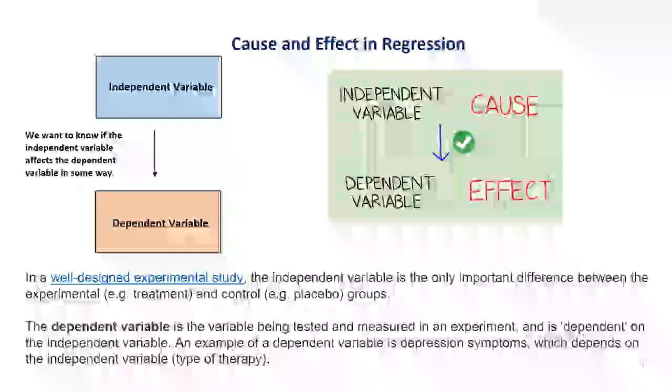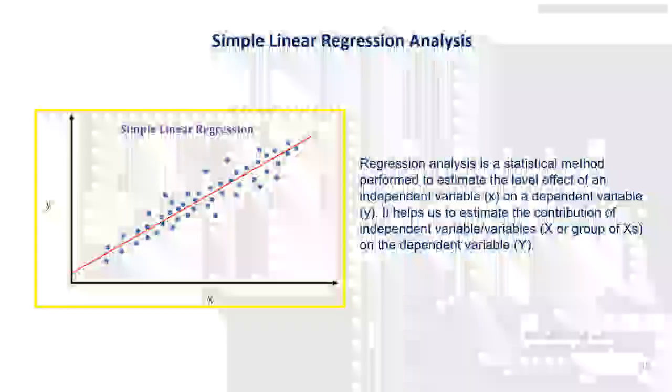So this covers independent, dependent, and the coefficients and all that. These are a few terms which are typically used, but I'll show you what this coefficient is and all. Simple linear regression is more about the independent and dependent variable.